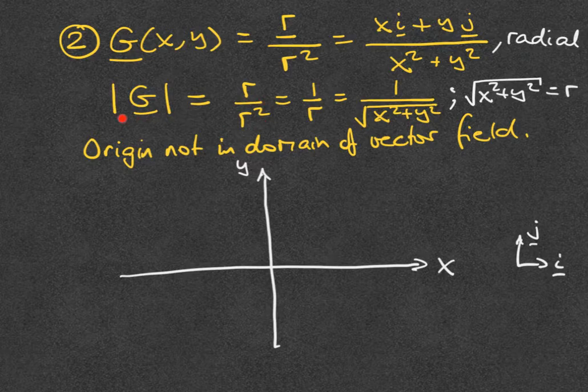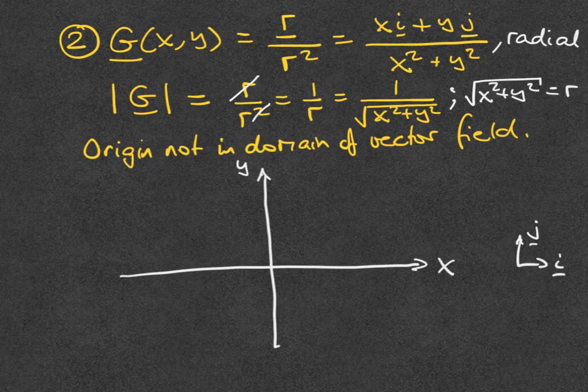So the magnitude of this vector field is the magnitude of the numerator, r, divided by r squared, and these are going to partly cancel, and we're going to be left with 1 over r. And this means that the magnitude goes as 1 over the distance from the origin.